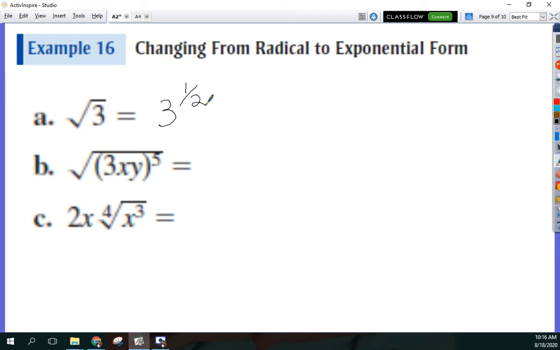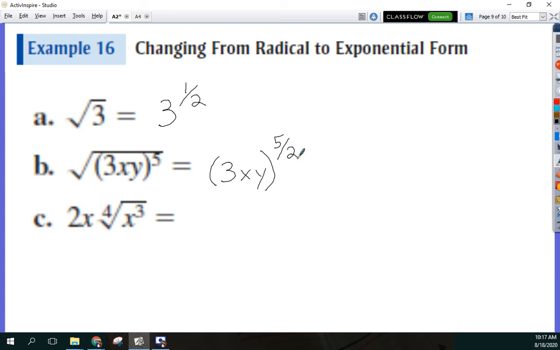So we end up with 3 to the 1/2. On our next one, we also have a square root, but this time we have a 5th power. So when we rewrite it, we would have (3xy) to the 5/2 power.